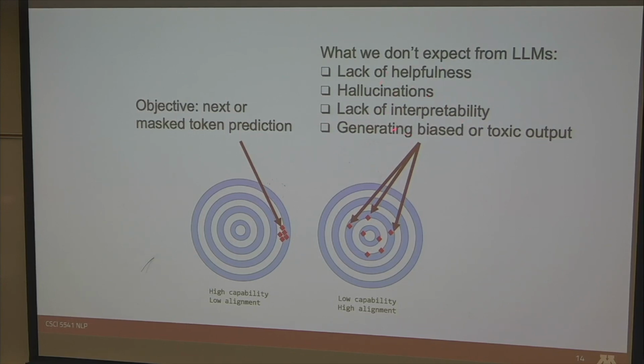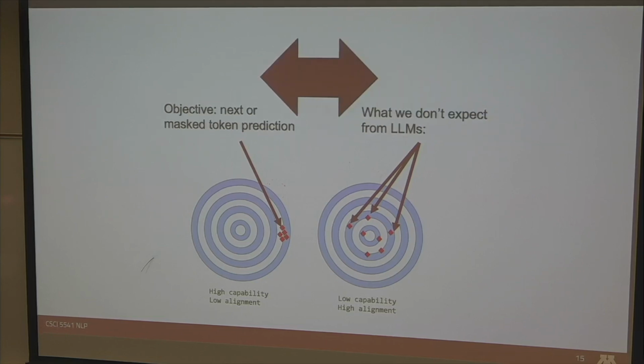These are the things that we want from the models, and the fact that they are trained in this manner results in a discrepancy between what we want and what they actually do well on. So the task of alignment is reducing the gap between these two phenomena.